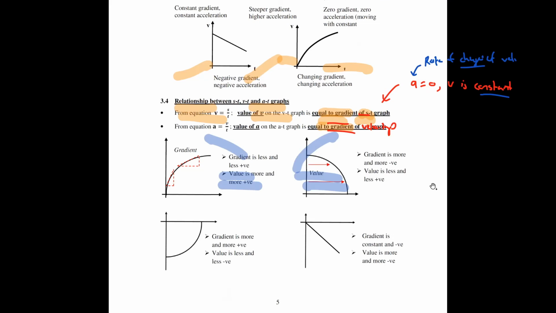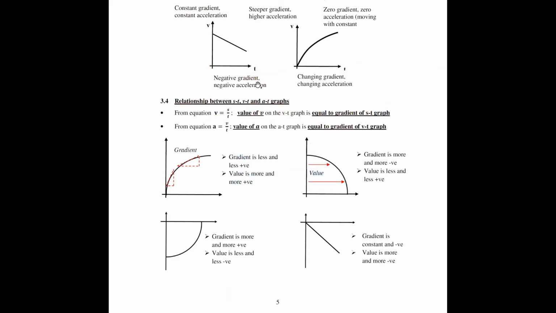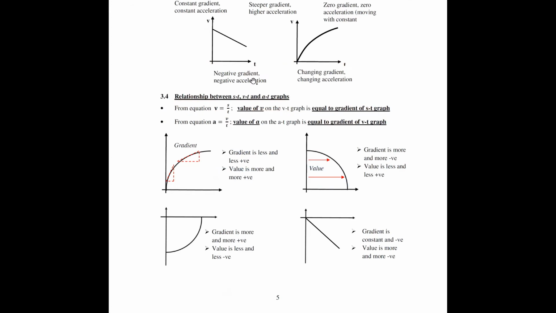This one will be more related to your interpretation of the graphs. All right. Now, relationship between ST, VT, and AT graphs. In your exam questions, a lot of times you will be asked to change from one graph to another if given one of them. But before we can go to that, you need to know how to look at the graphs first.